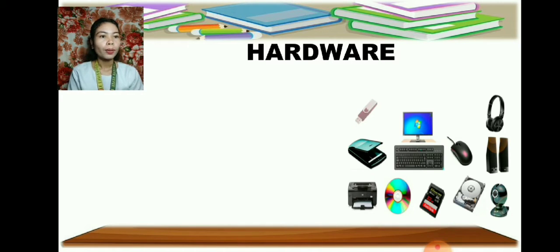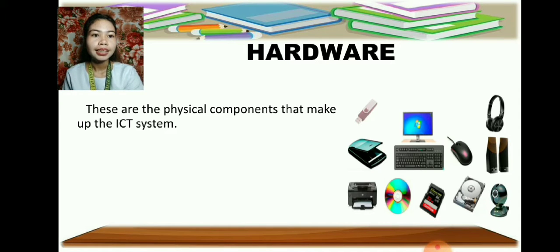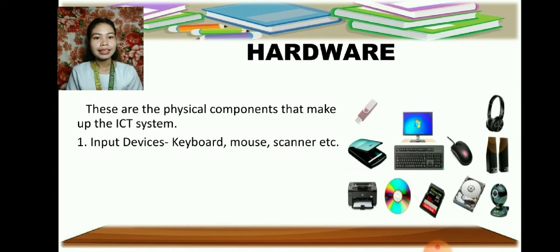For the next component, which is hardware. Based on the pictures presented, keyboard, mouse, hard drive, SanDisk, those are the physical components that make up the ICT system. Hardware has input devices, which are the keyboard, mouse, scanner, and so on.